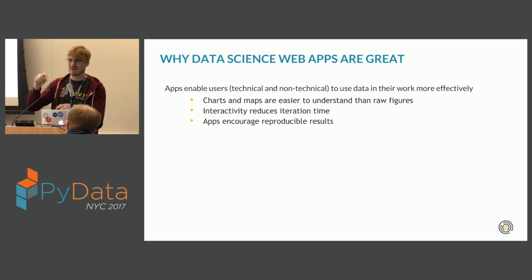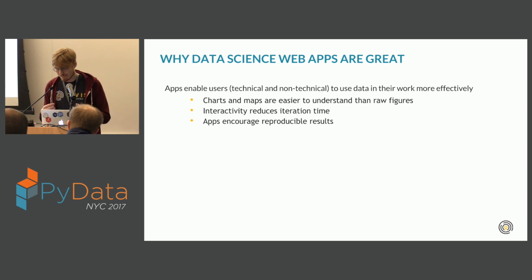Whereas now you can just build an app, click a filter and look at what you want. And they also encourage reproducible results. If you are putting data in a slide and you make changes to the slides, you maybe can't exactly do that again. And then someone will ask you in 2 weeks, why is this happening? And you don't know because you can't reproduce it.